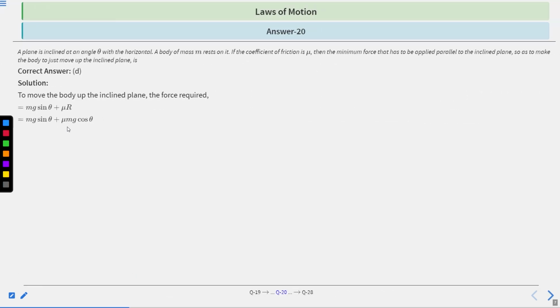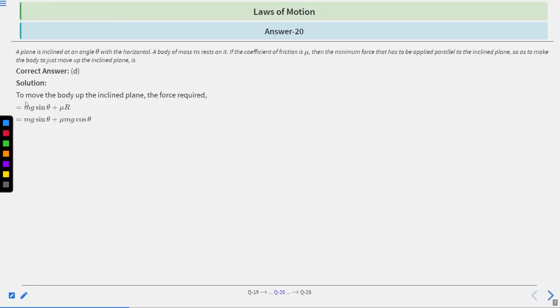Let's find the solution. To move the body up the inclined plane, the force required is mg sin theta plus mu R. Putting the value of R, the equation becomes mg sin theta plus mu mg cos theta.